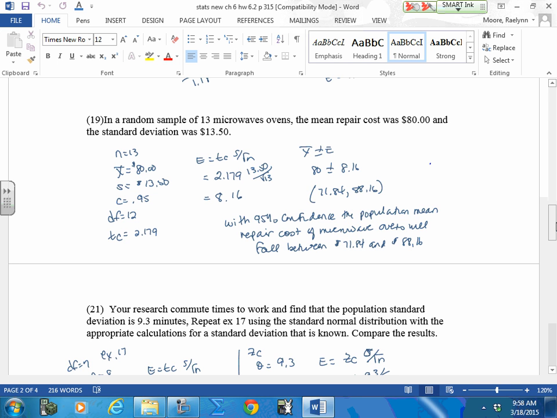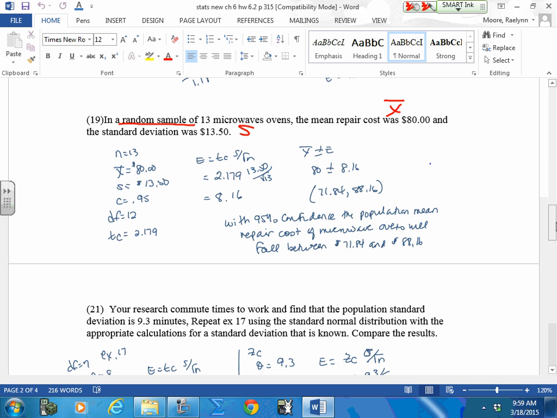When they start their sentence with a sample, whatever comes after it is the sample information. So this is the sample mean, this is the sample standard deviation. The directions at the top say to assume all your distributions were normally distributed, so we were okay with that.